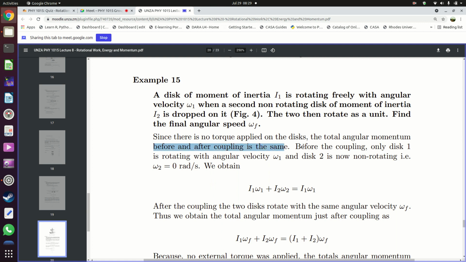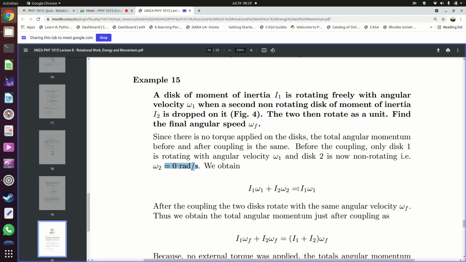Before the coupling, only disk 1 is rotating with angular velocity omega 1, and disk 2 is non-rotating. Therefore for disk 2, the angular velocity is 0. Here we obtain this expression. I think this was supposed to be written the other way around.